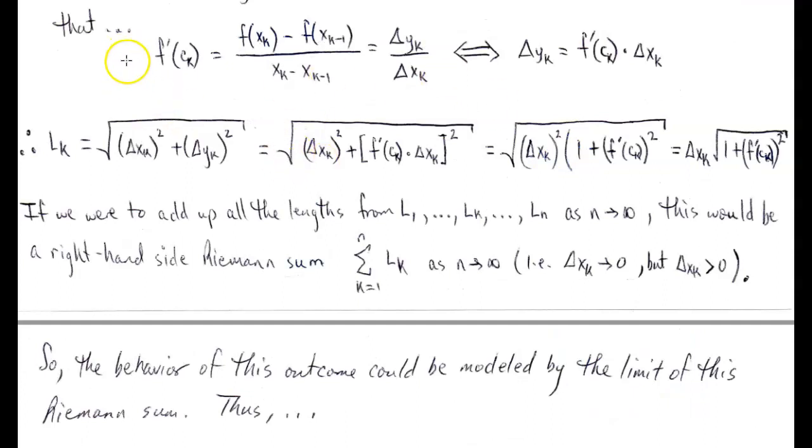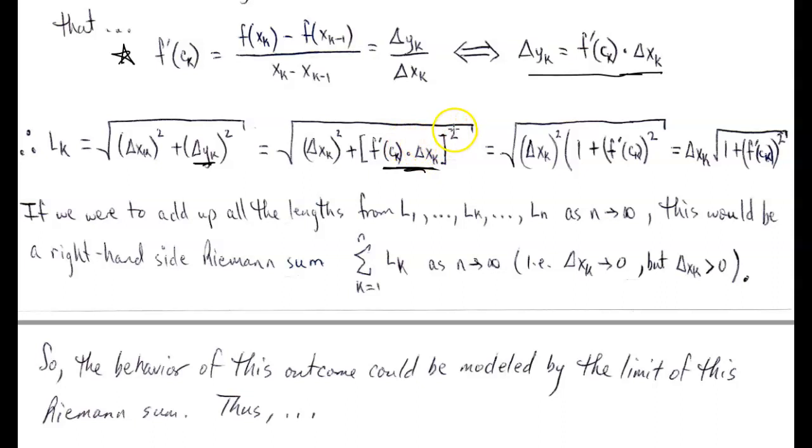Like I stated before, this is stating the mean value theorem, and this is rewriting the change in the y values, y sub k, for that small piece in terms of the derivative and a change of x sub k. If I substitute it in, I'll get this result here.